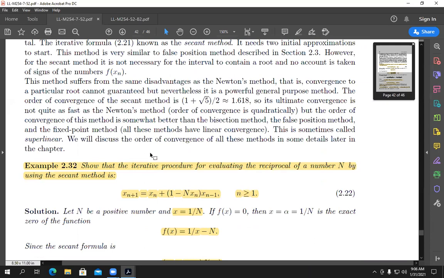Now we talk about the first example concerning this one. All examples use the secant method, which we have already done before. Like the first example, many times I give it in the exam. It says, show that the iterative formula for evaluating the reciprocal of n by the secant method is this formula.